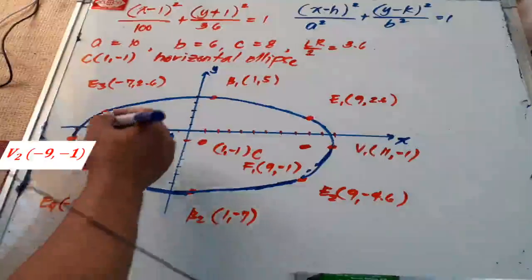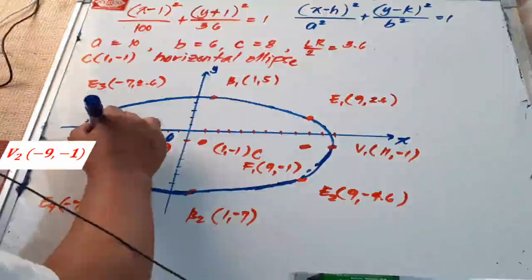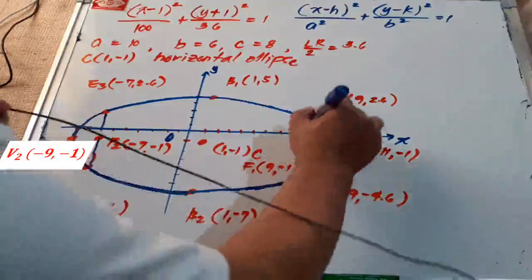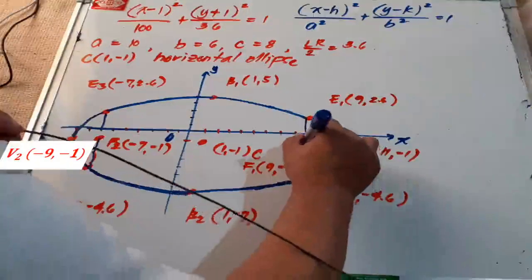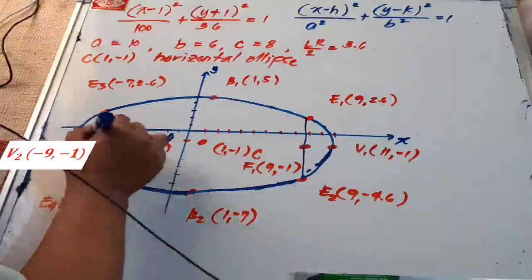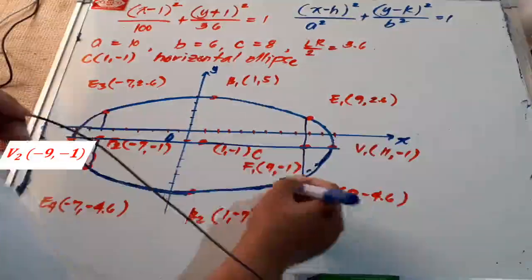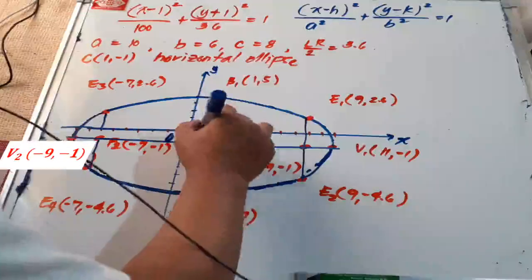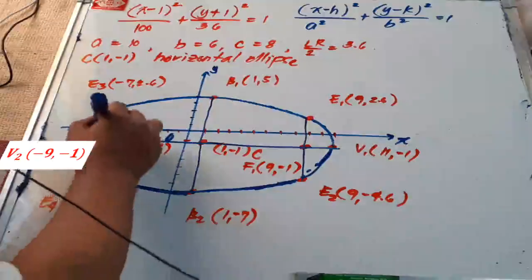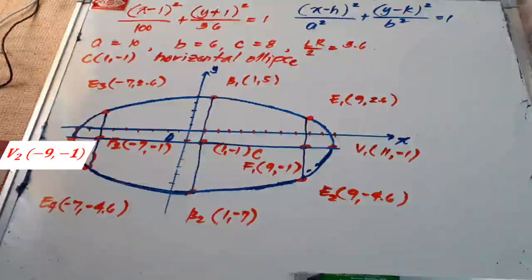Ito yung ating lateral recta. Nandito yung ating major axis. Nandito yung ating minor axis or conjugate axis. Okay. And then, the last is the equation of the directrices.